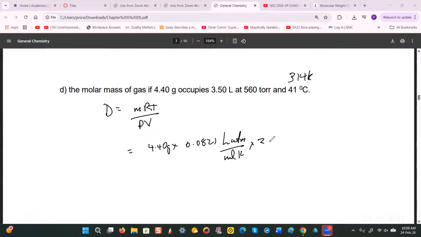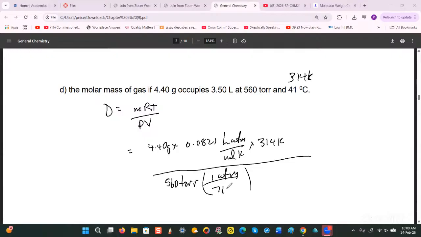So multiply by 314, and then we divide by P. Now P is given in torr, so we have to convert to atmospheres: 1 atmosphere over 760 torr. And then we have to multiply by the volume. The volume is 3.50 liters actually.